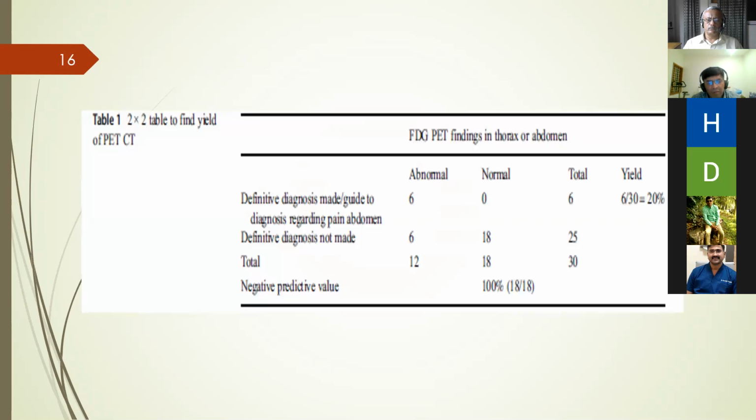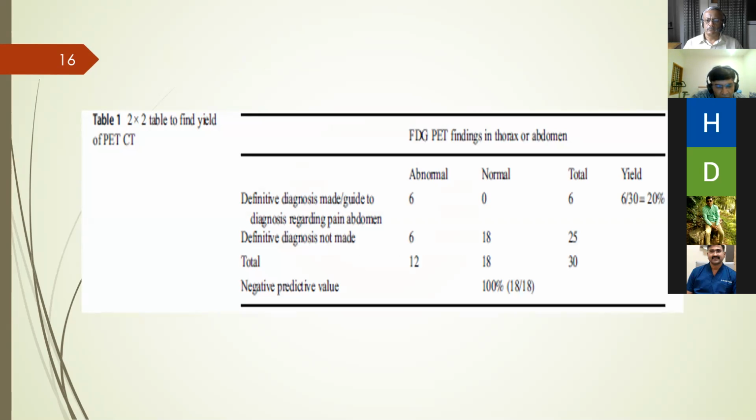The table showing FDG PET findings shows that a definitive diagnosis was made in 6 individuals out of 30 patients, and a definitive diagnosis was not made in 18 individuals. It is not 25, actually 24 patients.